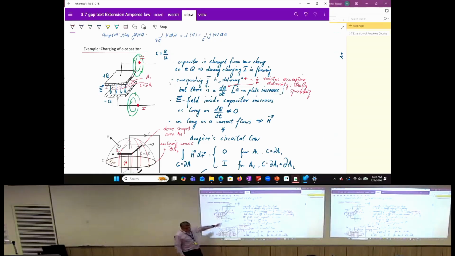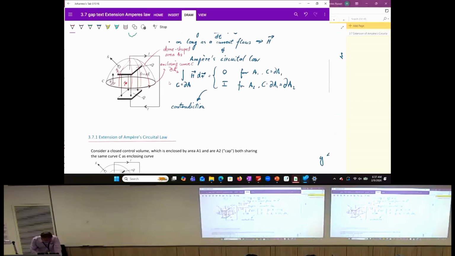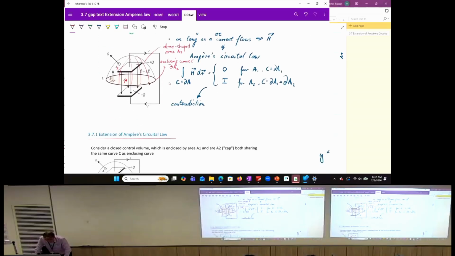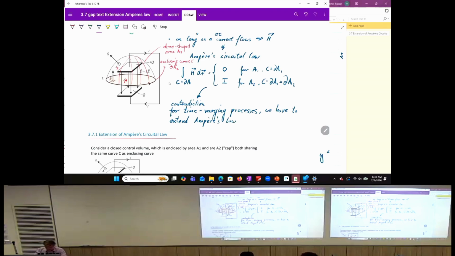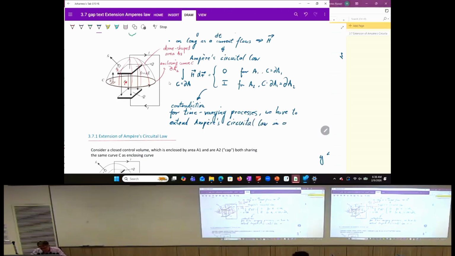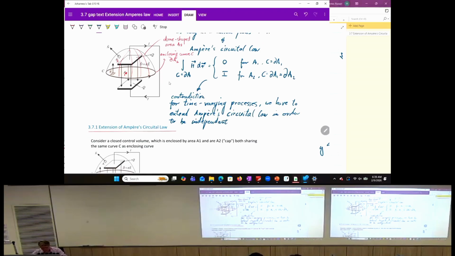But here, at least when you reach this capacitor, there you have a changing Q over time, and that is our problem here. So we have a contradiction for time-varying processes. For time-varying processes, we have to extend Ampere's circuit law in order to be independent of the chosen area.